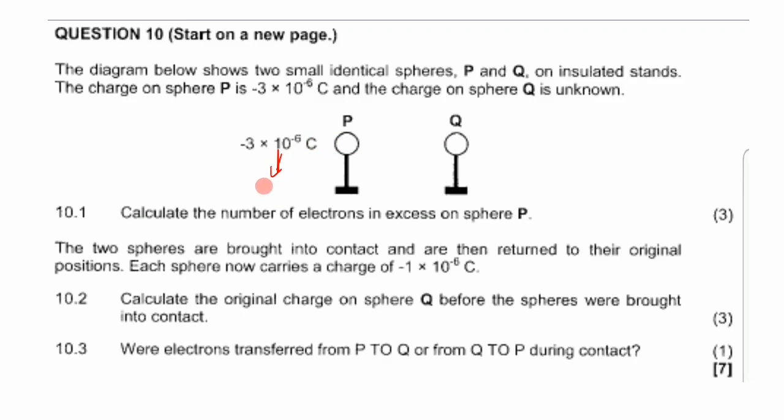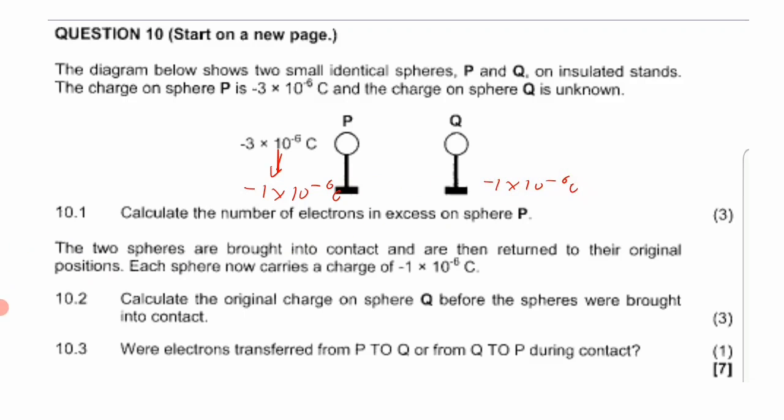Now we are being told that the charge on each sphere now is -1 times 10 to the exponent of -6 coulombs after they've come into contact. So the new charge on sphere P is this, -1 times 10 to the exponent of -6, and also on sphere Q it is the same magnitude, right?